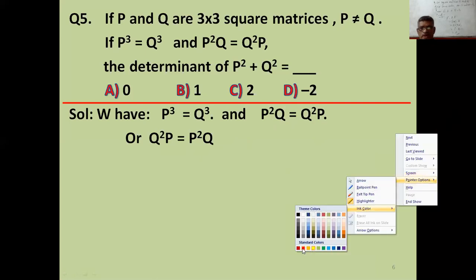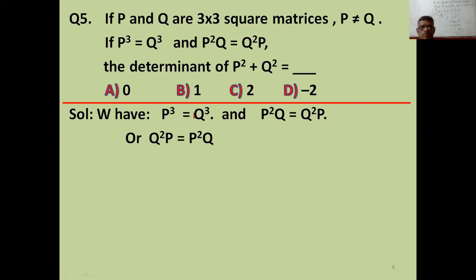These two equations, that is P cube equal to Q cube and Q squared P equal to P squared Q. If I add these two equations, what will I get? P cube plus Q squared P equal to Q cube plus P squared Q. I added these two equations.